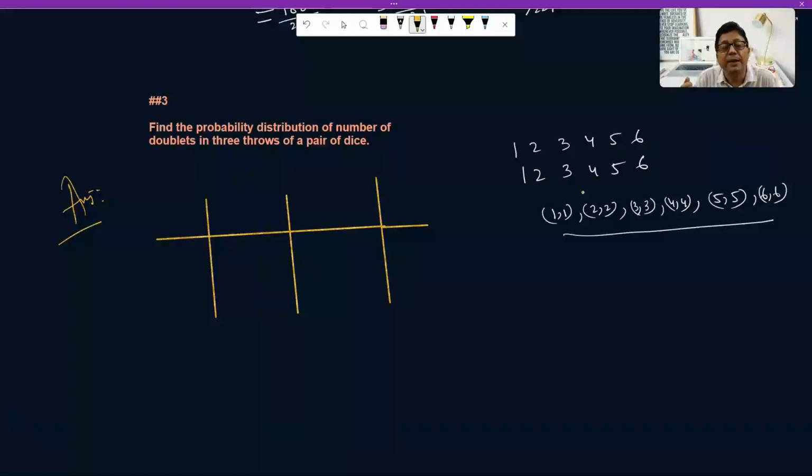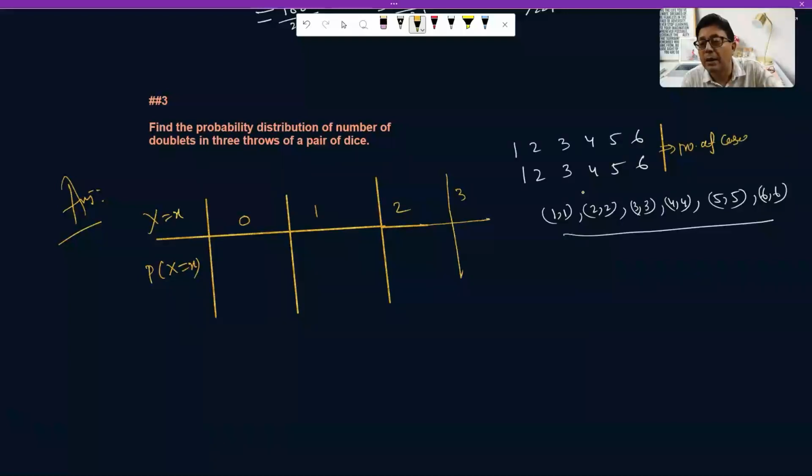You may not get a doublet. That is one case, 0. You may get one doublet once only. You may get twice. You may get thrice also. So first row x equal to x, it is P(X = x). Now, when you consider the total number of cases here, the number of cases is going to be 6 into 6, 36.